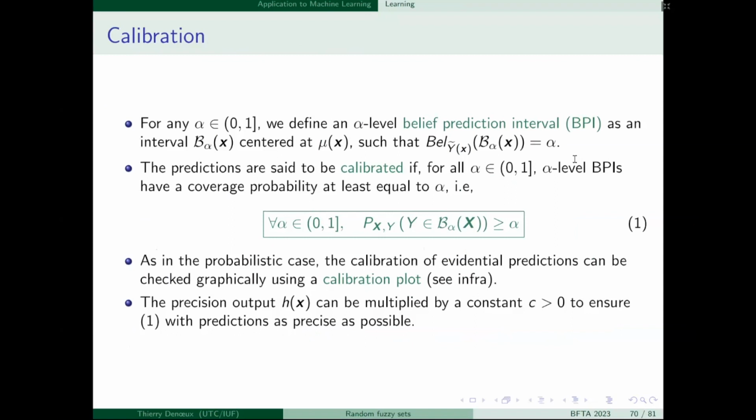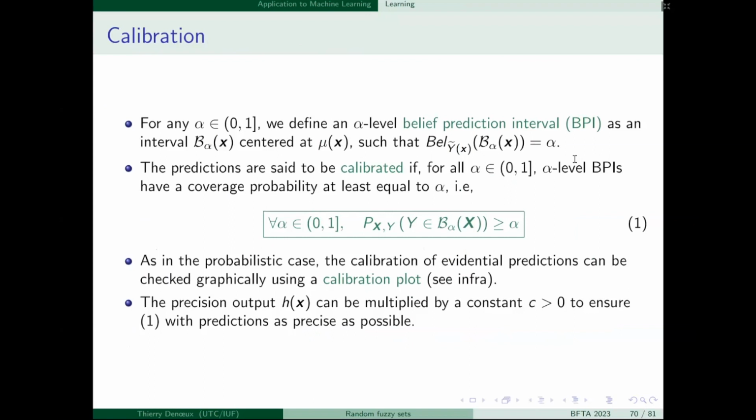I say that the predictions are calibrated if for any alpha, these alpha level belief prediction intervals have a coverage probability at least alpha.